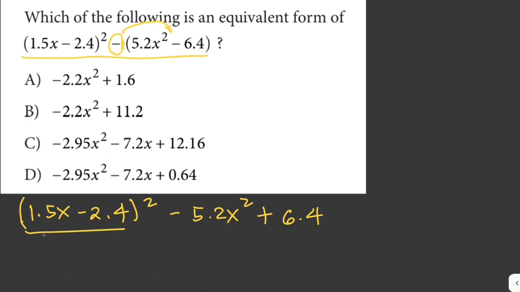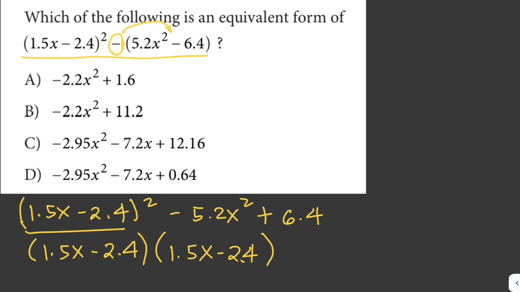And this expression here can be written as 1.5x minus 2.4 times 1.5x minus 2.4, okay, minus 5.2x squared plus 6.4. And then by using the FOIL method or the distributive property, we multiply 1.5x times 1.5x, so that is equal to 2.25x squared.